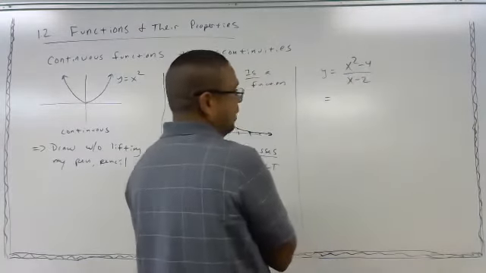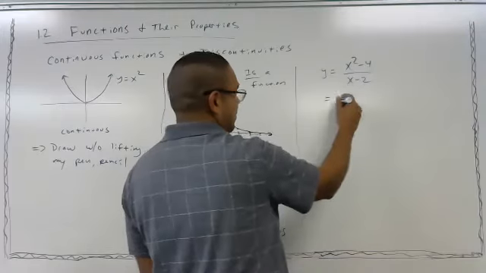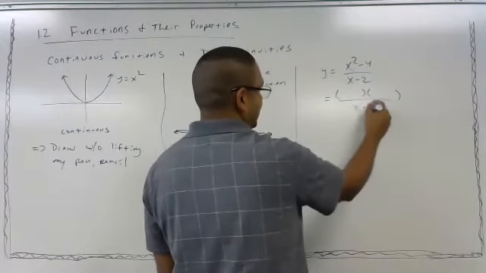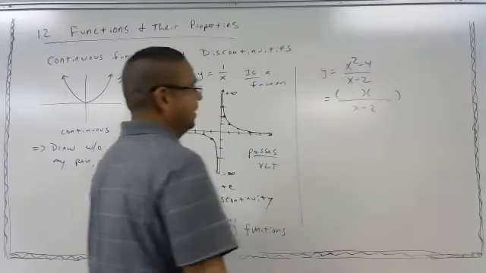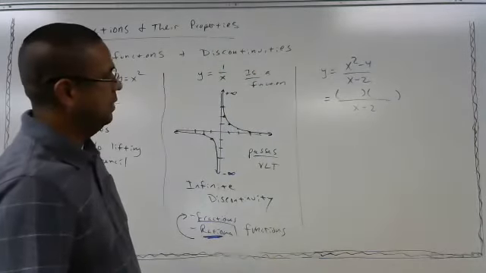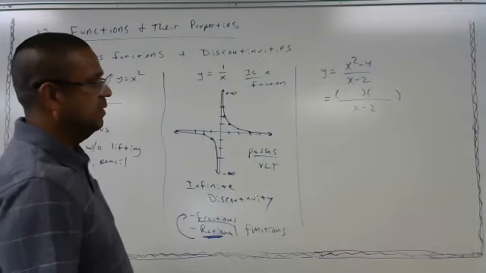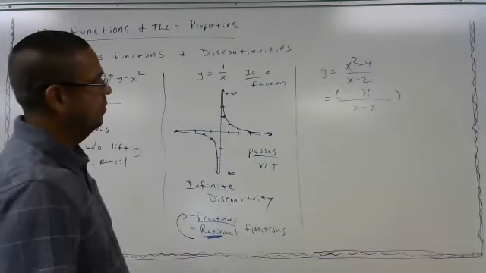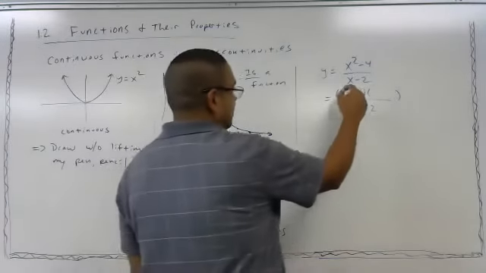But you should know from Algebra 1, if you see x squared minus 4, your brain just wants to naturally do what? Simplify it. What does that factor into? x plus 2, x minus 2.